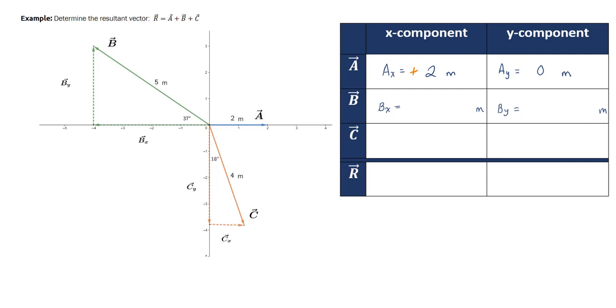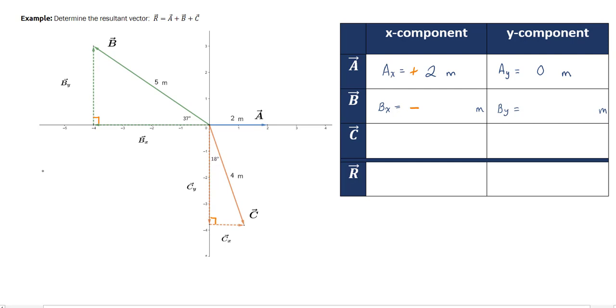As we can see, we have some right angle triangles. Looking at vector B, we notice that the x component is pointing in the negative x direction. So in our table, this will be a negative component, and the magnitude of this is obtained through noticing that the x component is adjacent to the angle 37, and we also know the hypotenuse is 5 meters.